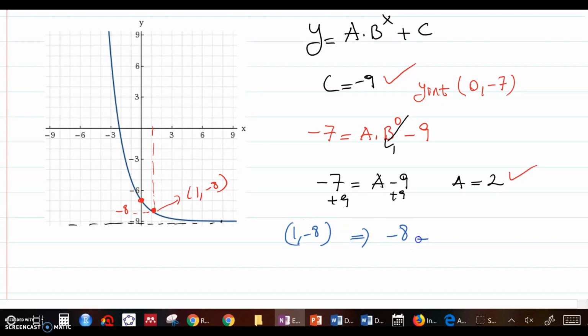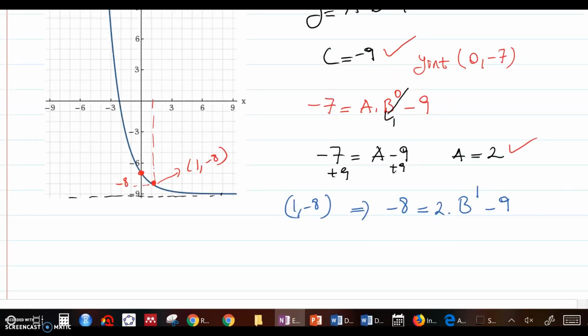And -8 will be equal to y, a will be equal to 2, b to the power 1, c will be equal to -9, right? So then it's actually -8 equals 2b minus 9.